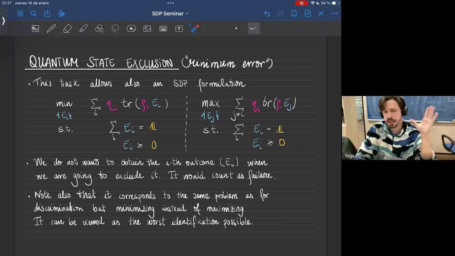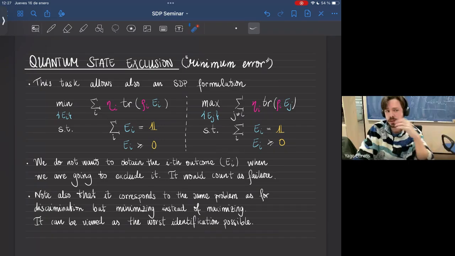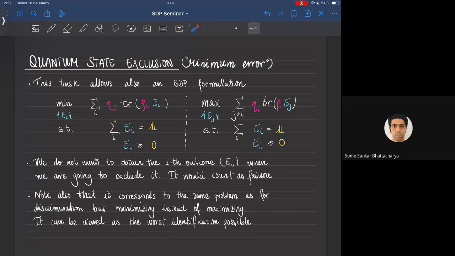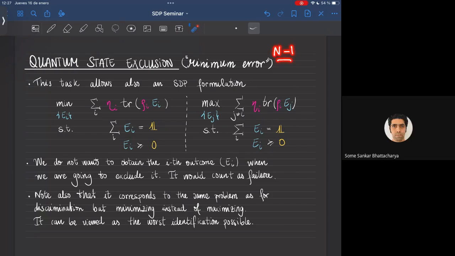I don't know if mathematically it's sure, but if you have a solution for a discrimination task with the same ensemble, at least the success probability of excluding something is higher. Yeah, of course. And if you exclude randomly, you have n minus 1 over n.